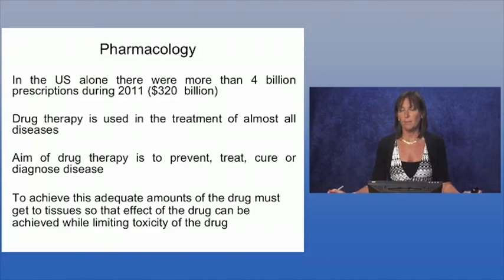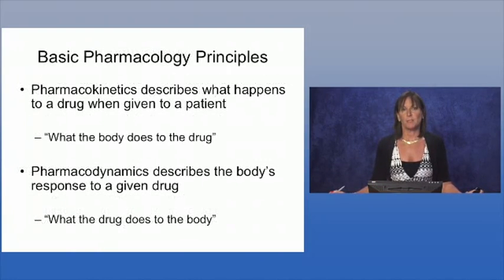The primary aim of drug therapy is to prevent, treat, cure, and remember, diagnose disease. In order for this to be achieved, there's a very simple principle. Adequate amounts of a drug must get to the tissues so that the effect of the drug can be achieved while limiting the toxicity.